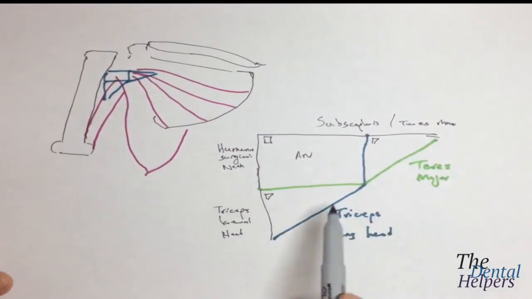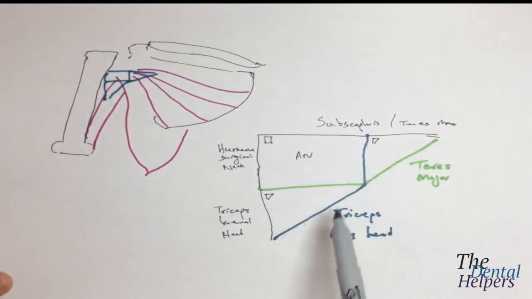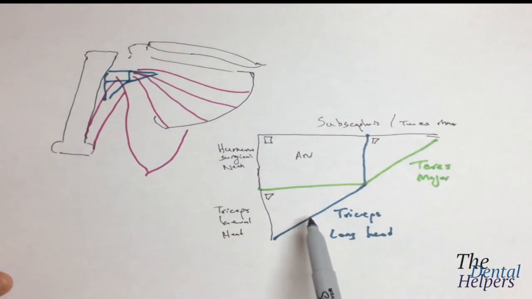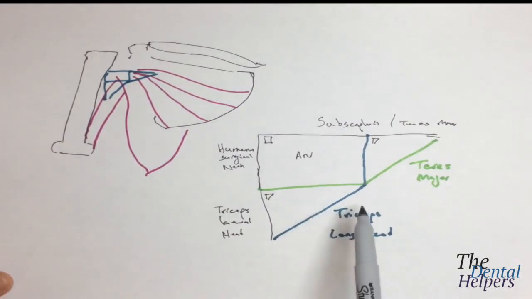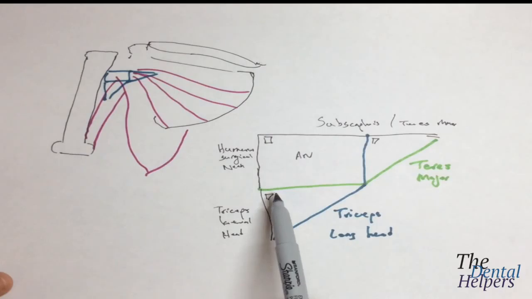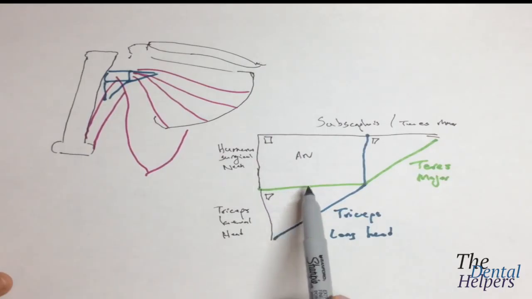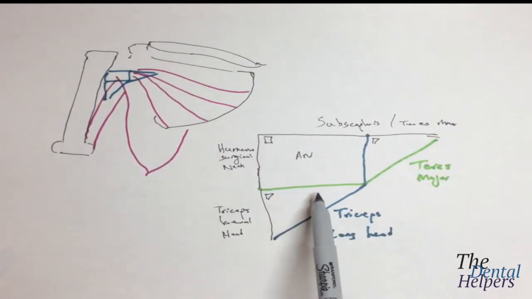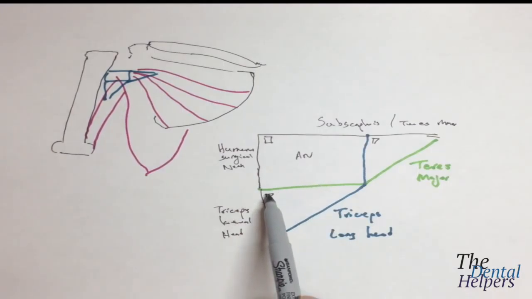Now when we go to our first triangle, we see the tricep long head, and this is the medial triangle. Up north, or in the superior, oh sorry, I meant to say this is the lateral one, not the medial. So we see the teres major, and then we see the tricep long head right here, or the lateral head.